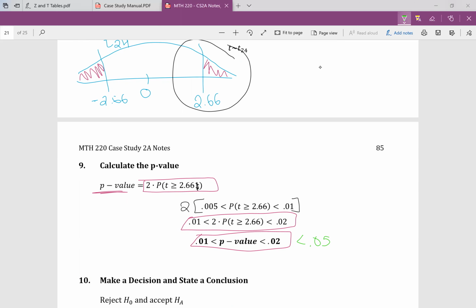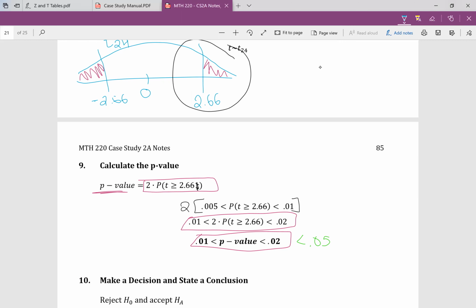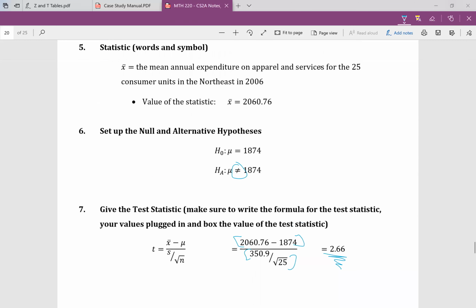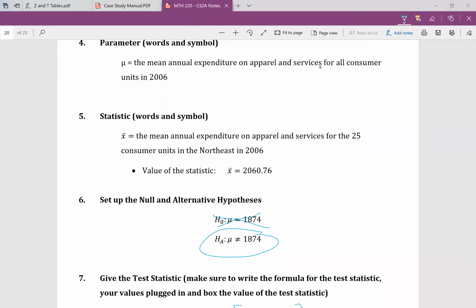I'm going to scroll back up a little bit because we haven't written out a conclusion in a while. So what are we going to do? We reject H0 and we accept HA. Our mu we defined up here.